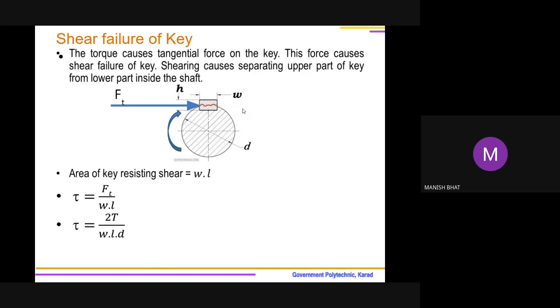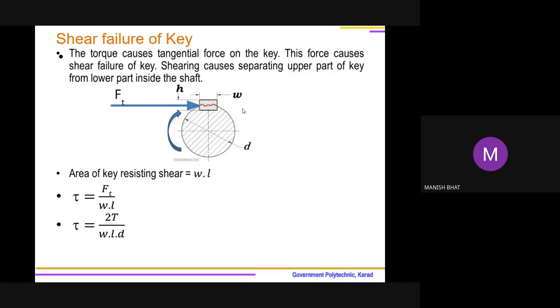Failure due to tangential force is known as shear failure. Force is not axial, so the failure is known as shear failure. So we are supposed to consider shear failure of this particular key. So we will be writing the strength equation for shear stress.